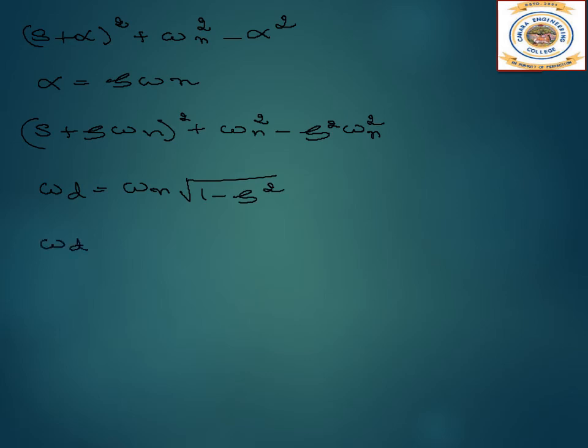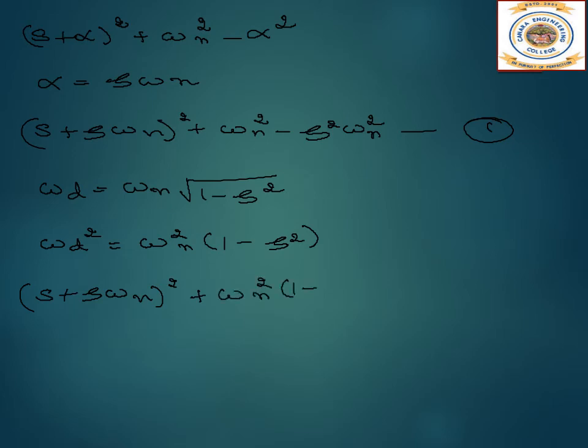So I can write this as omega d square equal to omega n square into (1 minus zeta square). Now taking this above, say if I consider it as equation 1, I can write this as (s plus zeta omega n) the whole square plus omega n square common (1 minus zeta square). So this is nothing but omega d square. So I can write this as (s plus zeta omega n) the whole square plus omega d square. So this will be the denominator.